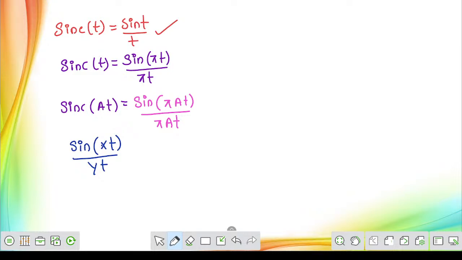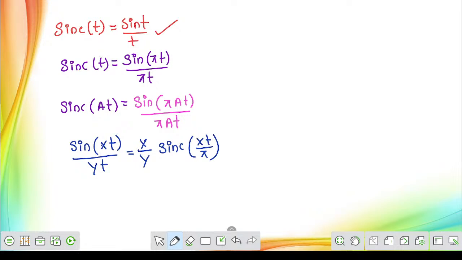Sin of xt divided by yt can be redefined by taking the x and y values outside, as x by y times sinc of, in the normalized way, xt by pi. You can define a signal like this. That is another most important property. This is the normalized way, and these both are equal to each other. All you have to do is remember these properties.